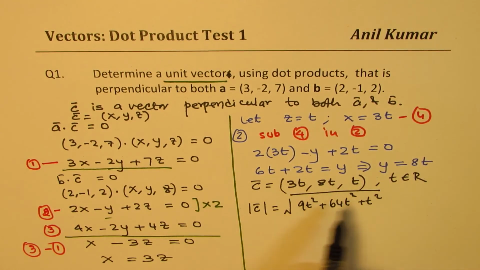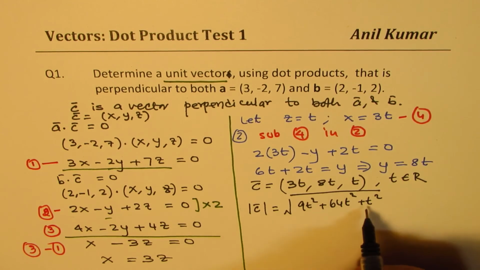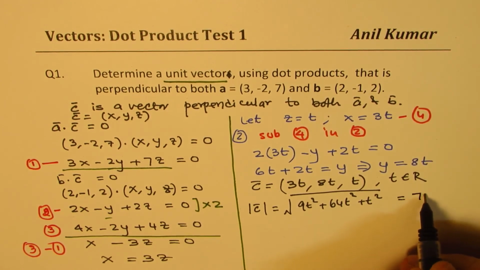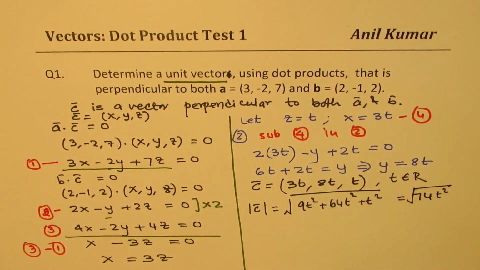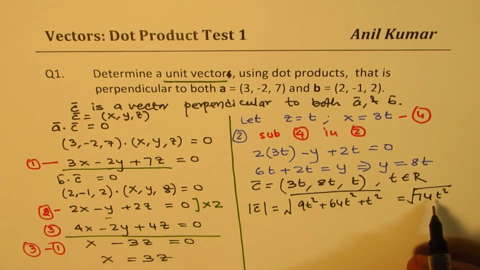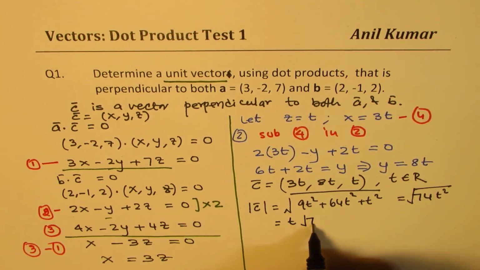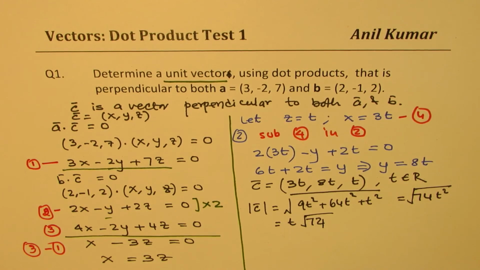So we'll do squares of them and add them up. So 9 plus 1 is 10, and 64 plus 10 is 74t squared, square root, right? So that becomes the magnitude for us, which is basically t, which could be written as t square root 74. I'm not really simplifying on this, but that gives me the unit vector.